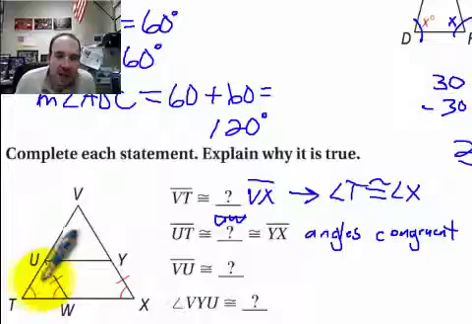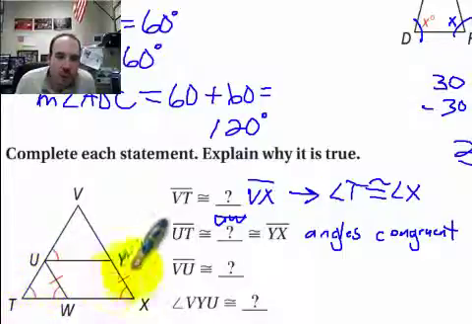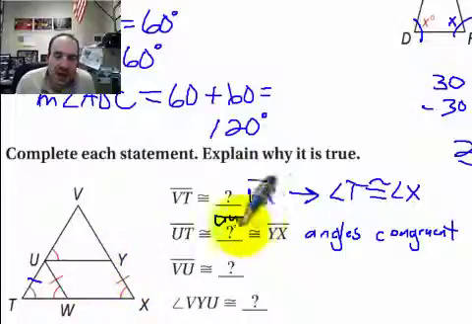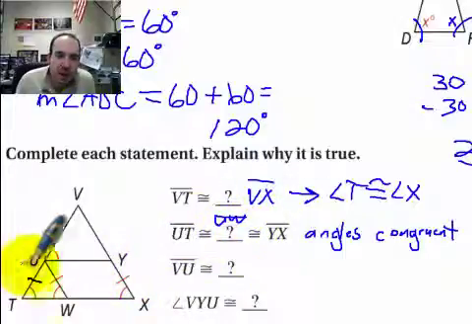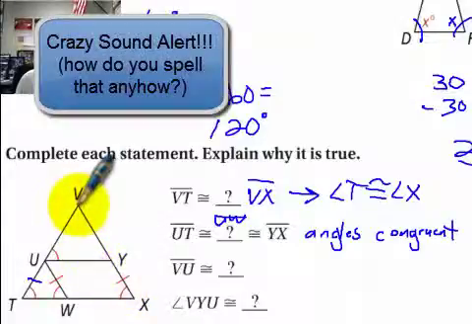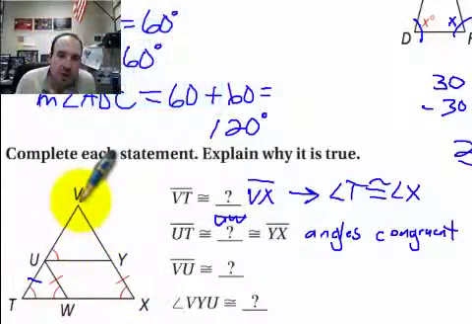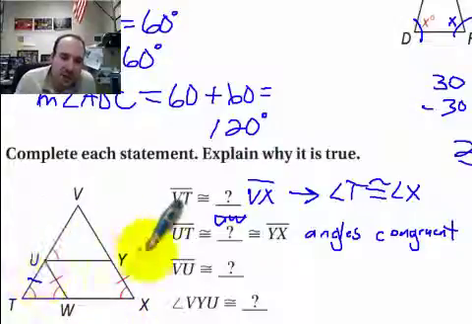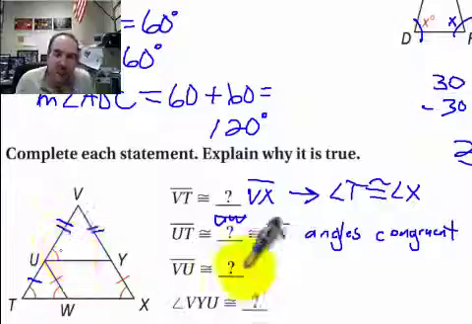Well, I proved earlier that YX and UT were congruent. I did that up here. So since those are congruent, and I also know VT and VX are congruent because these angles are congruent, if I take away these little slivers, the leftover parts must still be congruent.